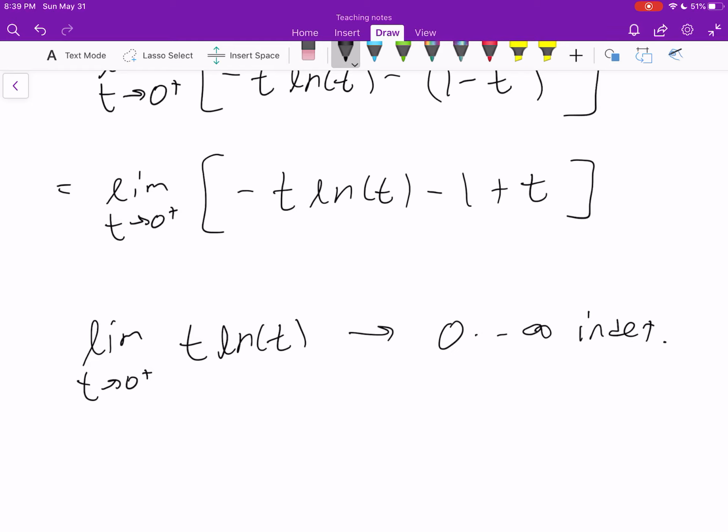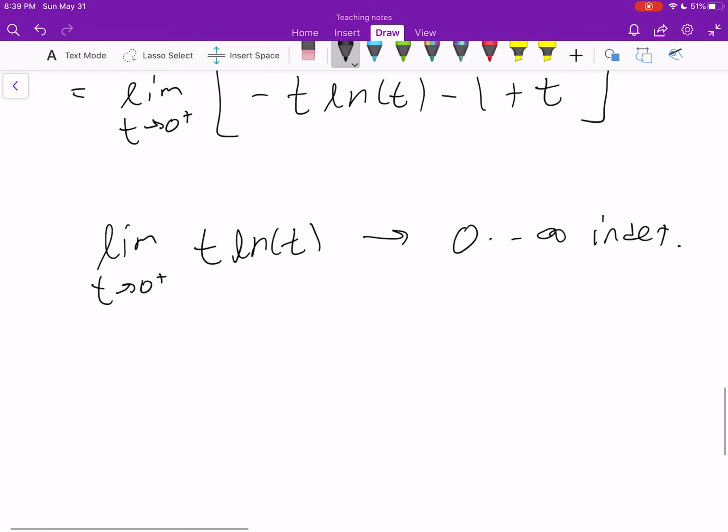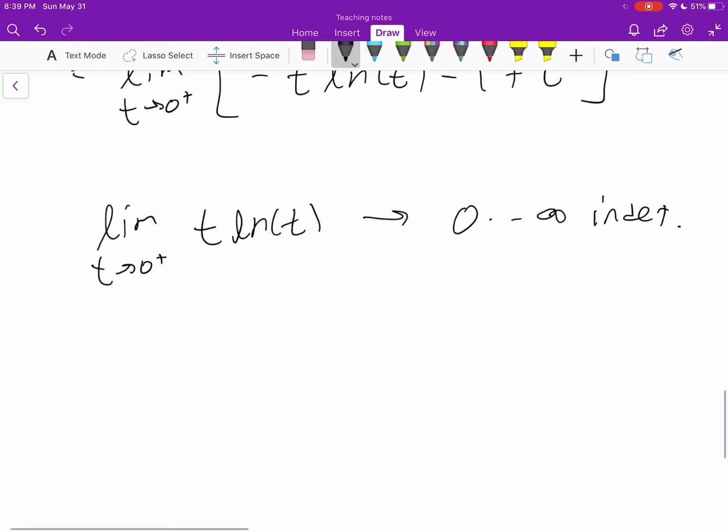Notice I'm not writing equals. I'm indicating that it's 0 times negative infinity, indeterminate. So I need to rewrite this. Remember, if I have an indeterminate form of 0 times infinity, I make one of them the reciprocal. The easiest thing to do is to leave the ln alone. Otherwise, you're going to have to take the derivative of something gross.